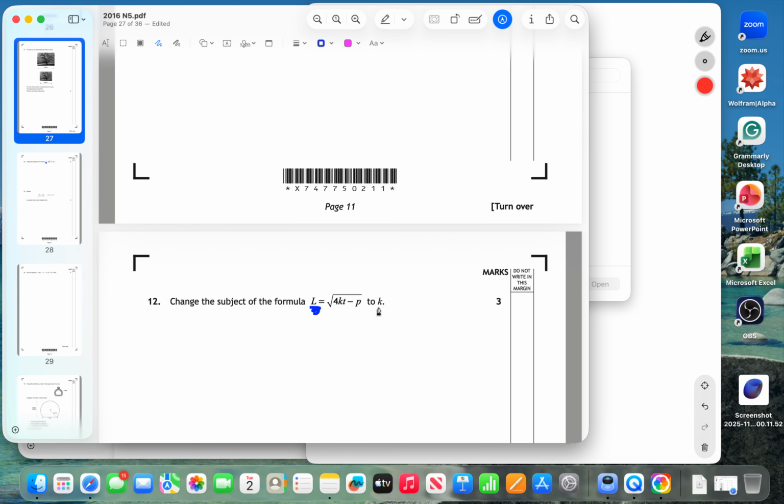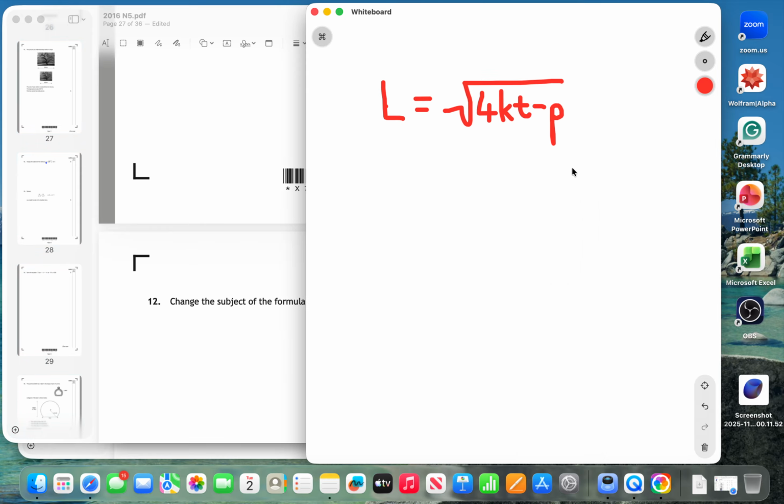In other words, we have to get K on its own and isolate it, and get the other terms on the opposite side of the equal sign. So pause the video if you want to have a go at it now, but I'm going to continue.